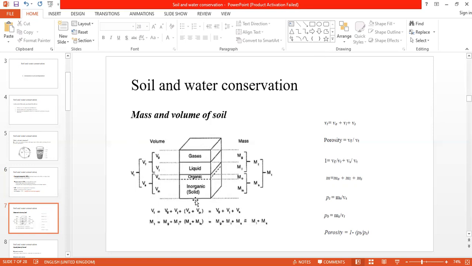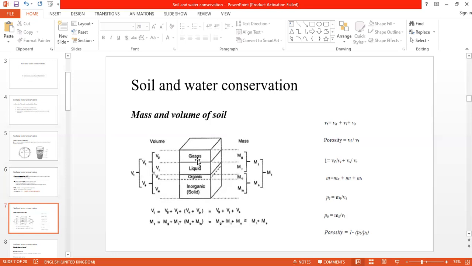They've taken a certain volume of soil, like this one, and demarcated the four components. But of course, in nature, these ones are mixed, they're intermingled. This is just to show us how they are distributed.